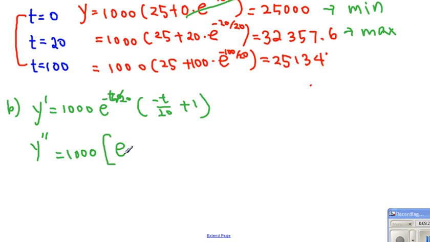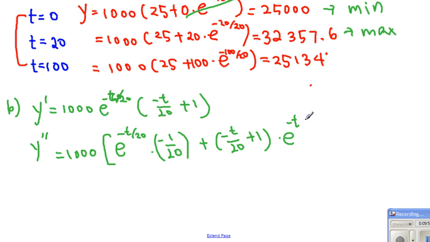And then here we have e to the negative t over 20 multiplied by the derivative of this, which is negative 1 over 20, plus, we're going to leave that portion as it is, negative t over 20 plus 1, times the derivative of that, which is e to the negative t over 20 times the derivative of the inside, which is negative 1 over 20.